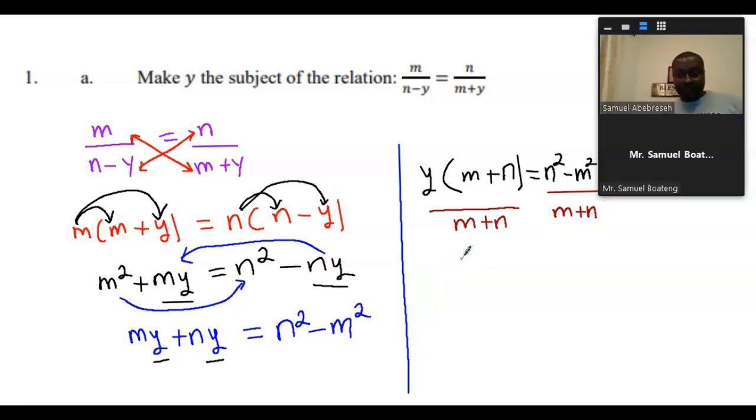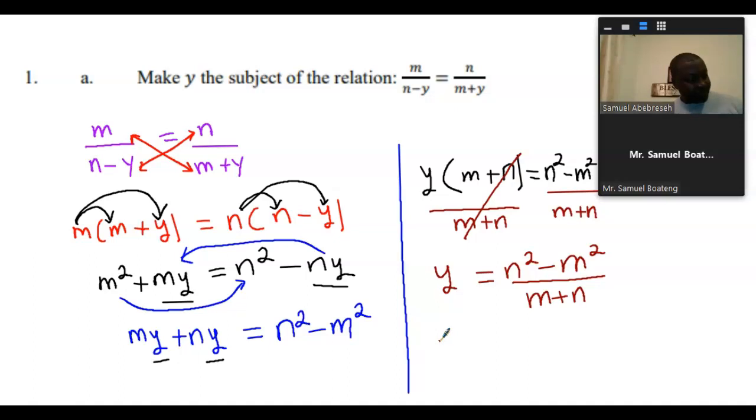So on the left-hand side, M plus N will cancel M plus N, making Y stand alone. The right-hand side, N squared minus M squared all over M plus N. Some students may stop here, but that is not over yet.